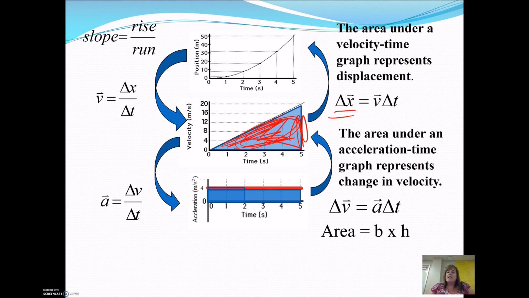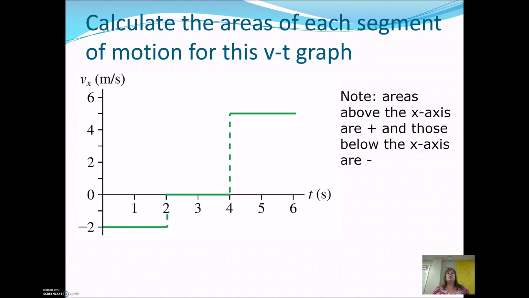So areas are very handy tools. The area under an acceleration graph gives you the change in velocity. The area under a velocity time graph gives you the change in position, or displacement. Handy, handy, handy. So let's practice that. Here is a velocity versus time graph, and I want you to calculate the area of each of those segments. So pause the video and calculate the areas.